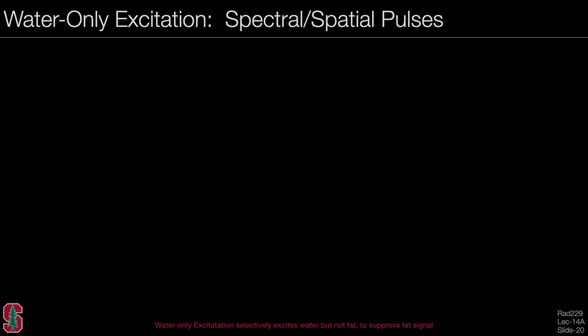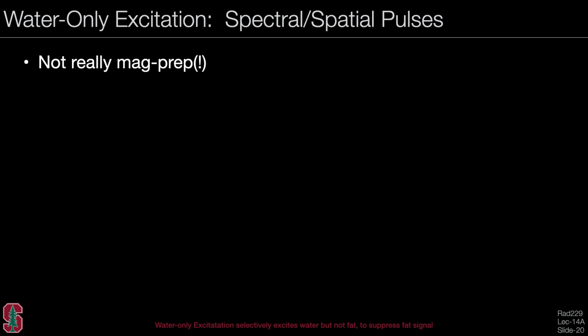Okay, now we're going to take a little step away from magnetization preparation because we're on the topic of fat suppression, which is quite important, and just talk about a few other methods of fat suppression. This is a water-only excitation, which was referred to in the previous question, and it also goes by the name of spectral spatial pulses.